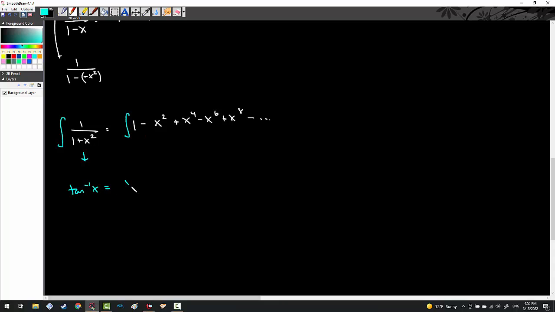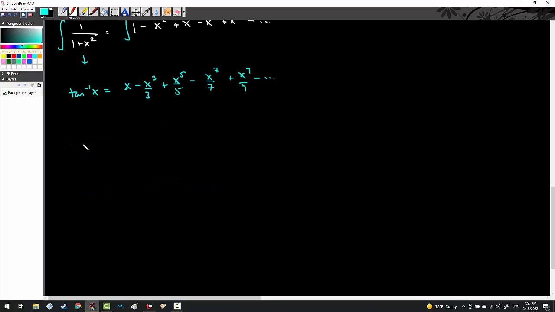And that's going to be the integral, so x minus x cubed over 3 plus x to the 4th over 4 minus x to the 5th over 5 plus x to the 7th over 7 minus x to the 9th over 9 plus dot dot dot.